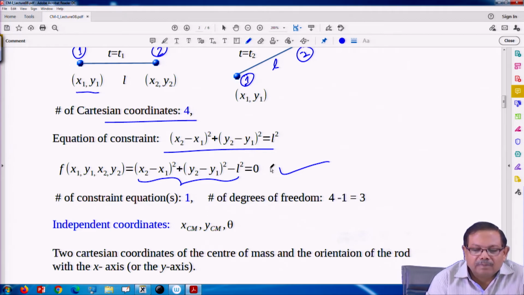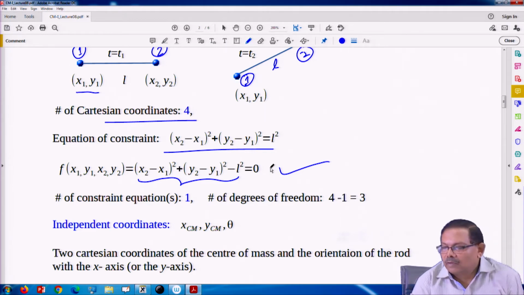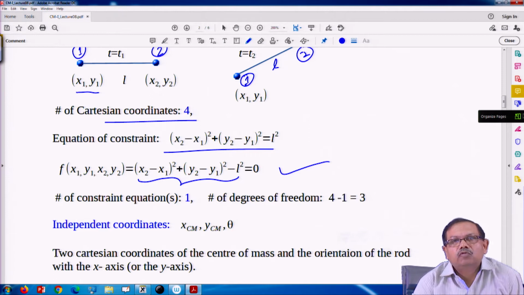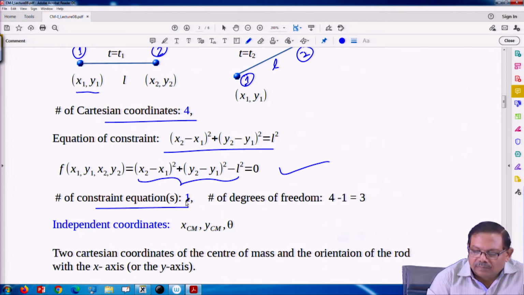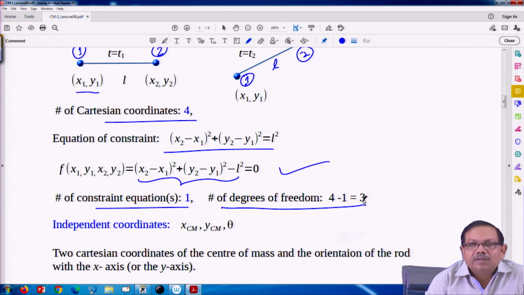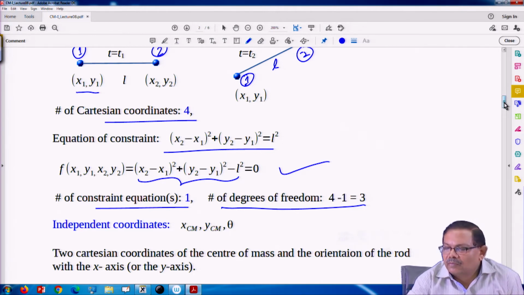So, we have 4 coordinates for planar motion of two particles connected by a rod, and there is one constraint equation. So, the number of degrees of freedom for this system is 4 minus 1, 3, and the independent coordinates could be the position of the center of mass and the orientation of the rod with the x axis or y axis.